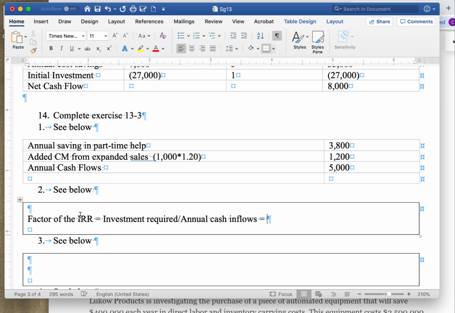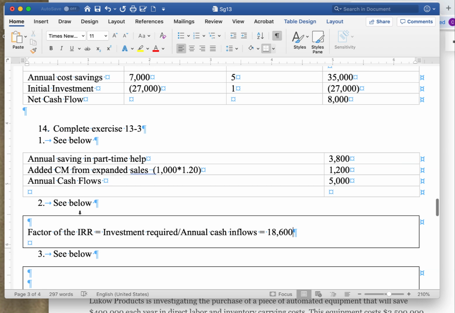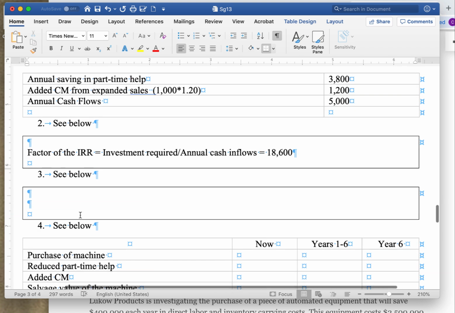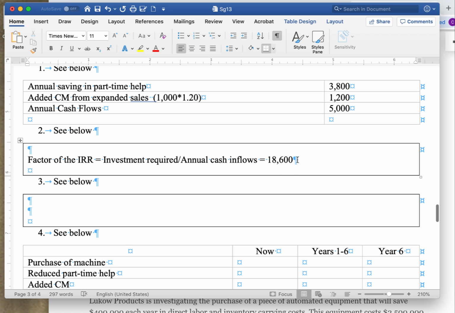So I'm going to say 18,600, which is my initial investment, divided by my cash inflows of $5,000, gives me a factor of 3.720. Okay.